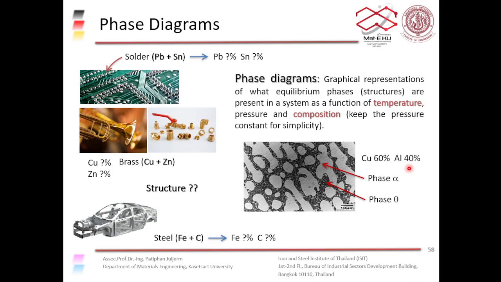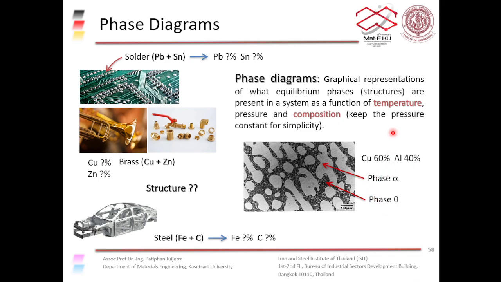Right? They form a substitutional defect, and the strength of the copper aluminum alloy is a little bit higher than pure copper. Well, how much higher? Depending on how much aluminum you put in there, and what microstructure you get.